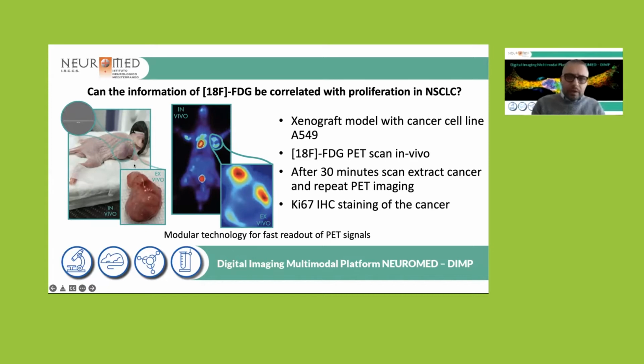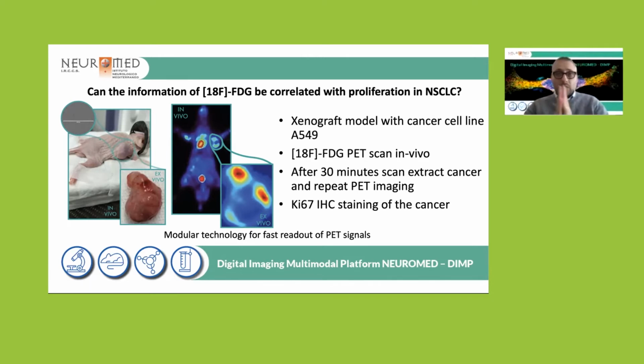So what we did was first an FDG PET scan in vivo. And you have it here, the cancer, this part here. After 30 minutes, the scan, we extract the cancer and repeat PET imaging. Now you may think, is this PET imaging in vivo? Of course not, since when you remove the cancer it is not living anymore.